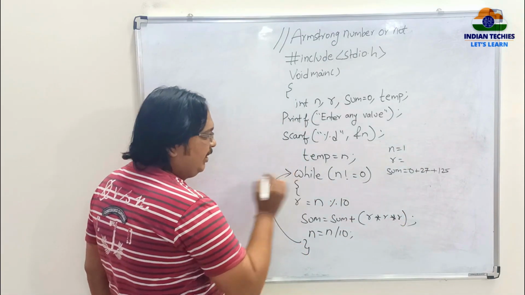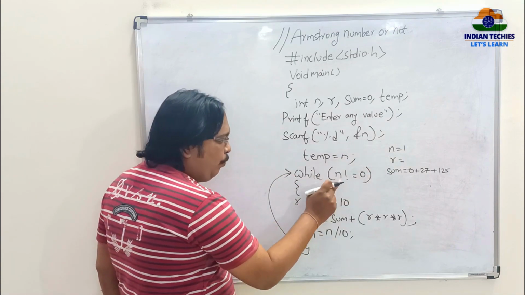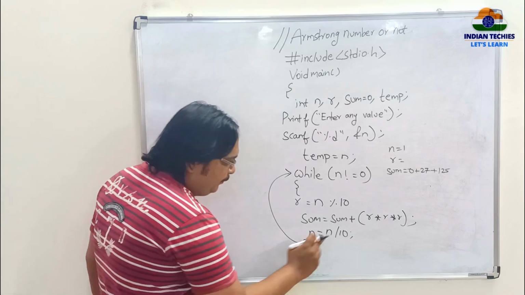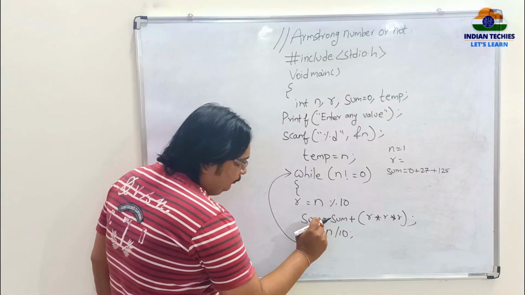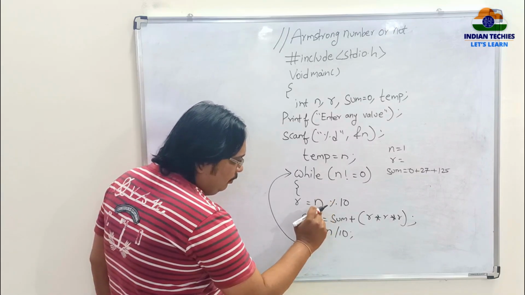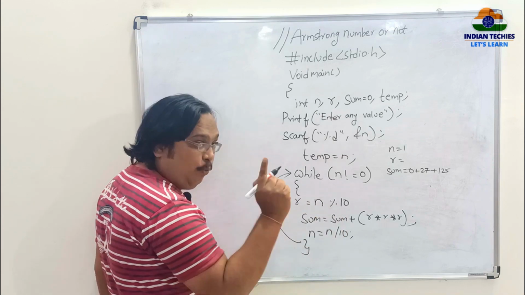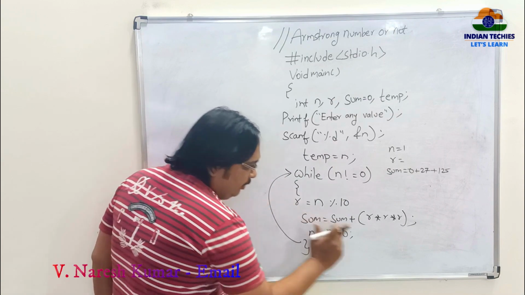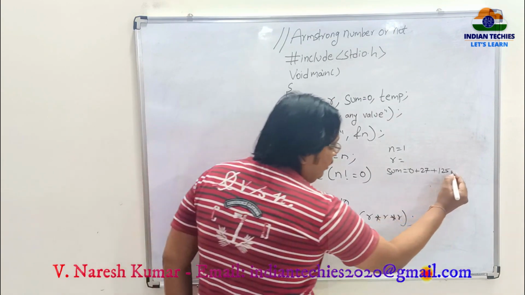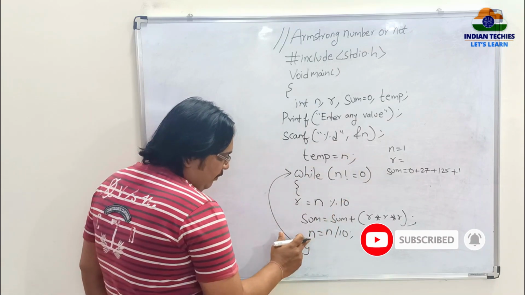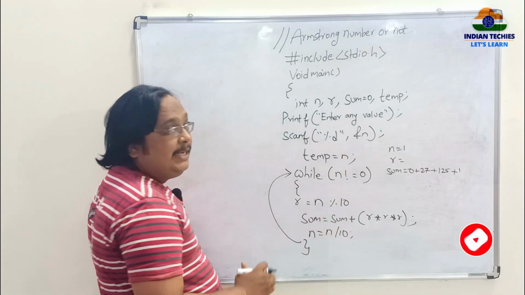Again, go to the start of the loop. What is n value now? 1. 1 not equal to 0? Yes. 1 mod 10 is 1. Now r value is 1. That is 1 into 1 into 1. So plus 1 will be added to the sum. Now n = 1 / 10.